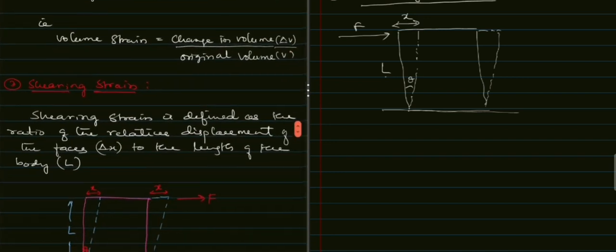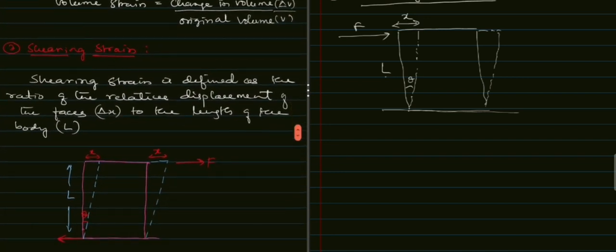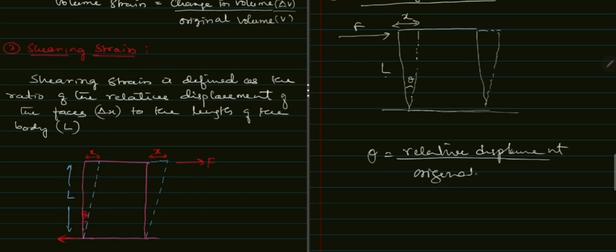So here, the shearing strain is defined as the ratio of relative displacement to the original length of the body.